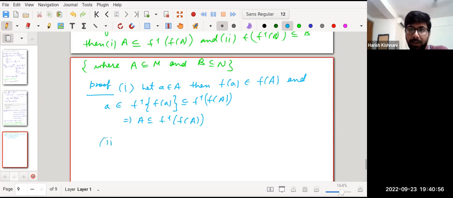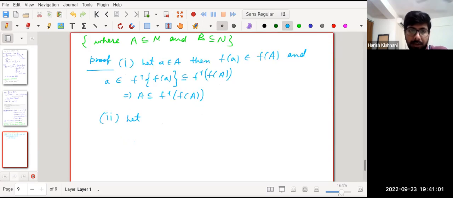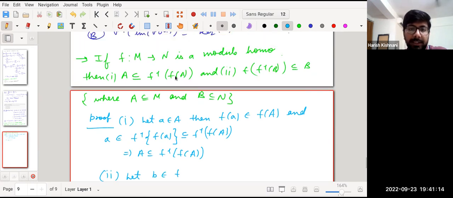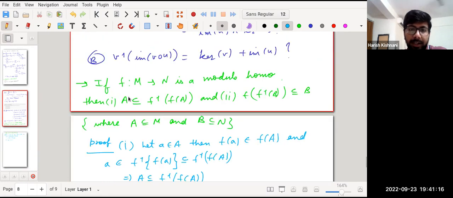Okay, so for the second one, let some b belong to, and keep this order in your mind, that here first you have f inverse, then f, and here you have f and then f inverse. There is no need to memorize it. You need to relate a and this.